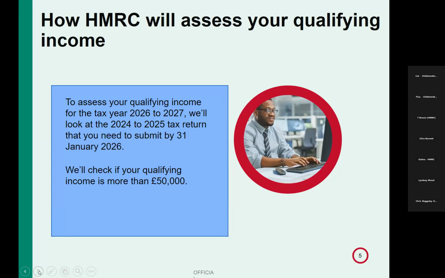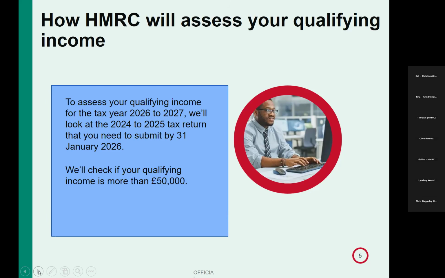For example, to assess your qualifying income for the tax year 2026 to 2027, we'll look at the tax return that you have recently submitted on, or hopefully a little bit earlier than, the 31st of January. So it's just the tax return that's just been completed for the 2024 to 2025 tax year.